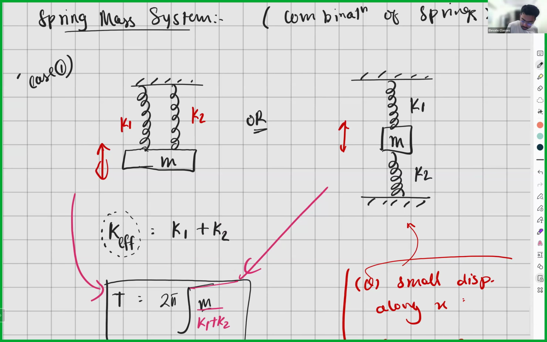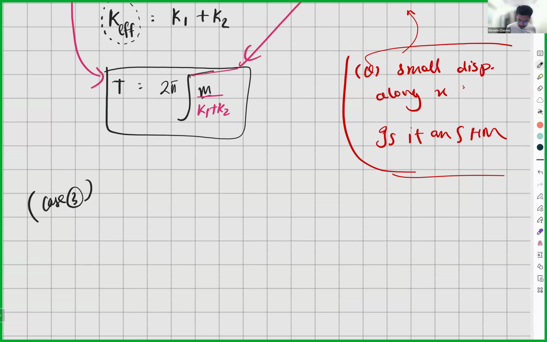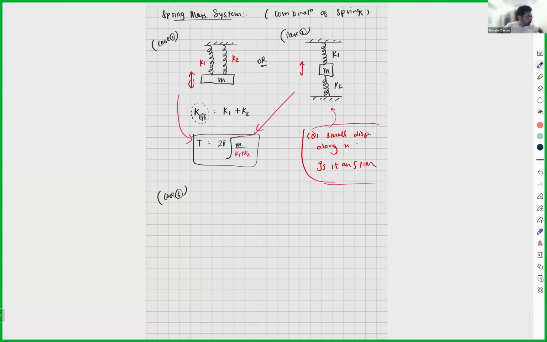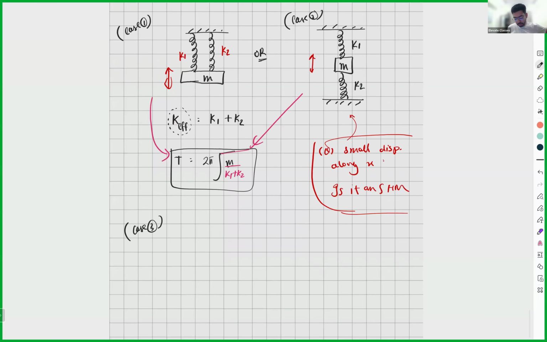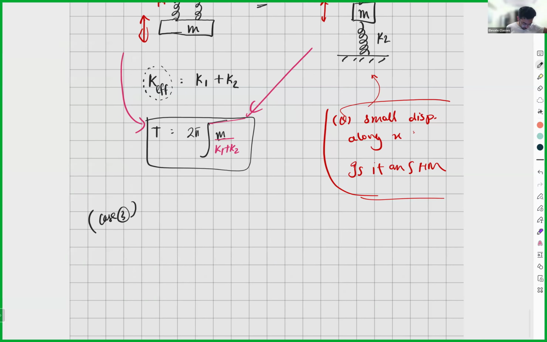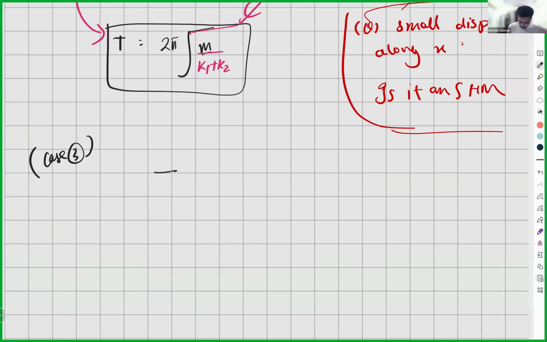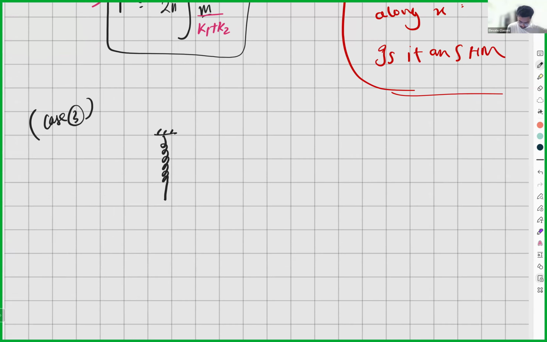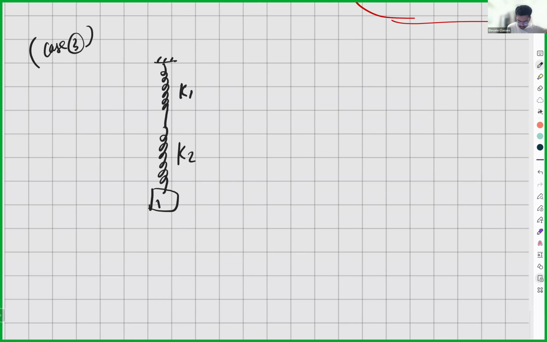So this is case 1, case 2, case 3. Case 3 can be two springs attached to a mass. Okay. Two springs attached in a series. K1, K2, and you have mass attached.